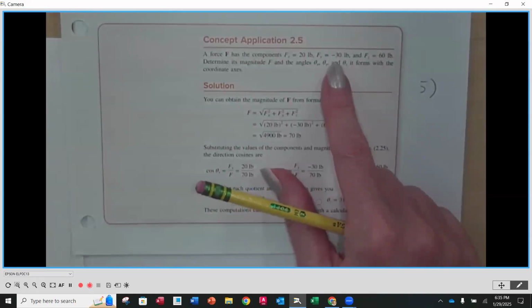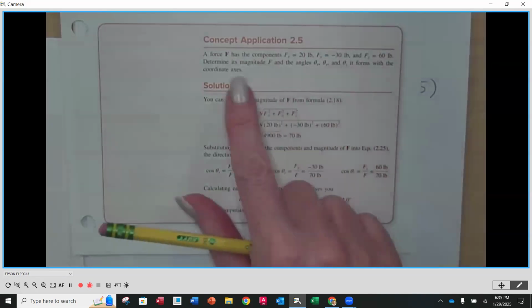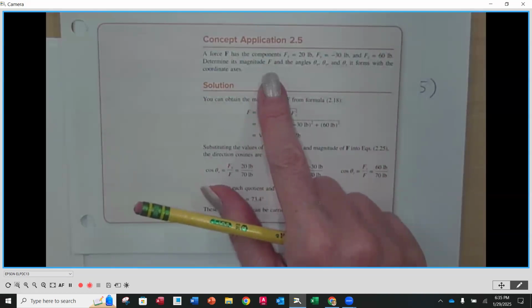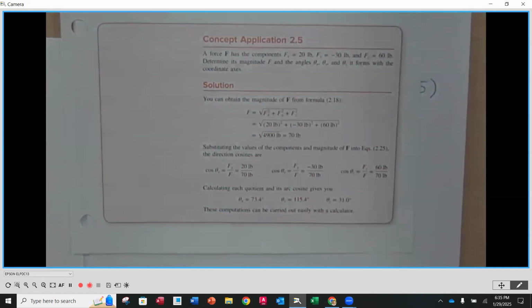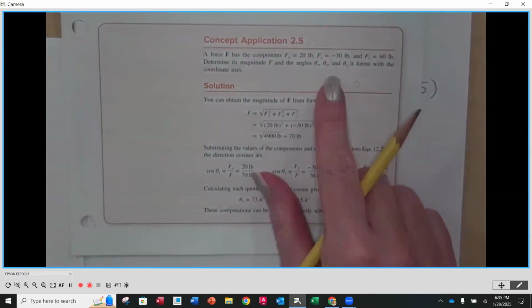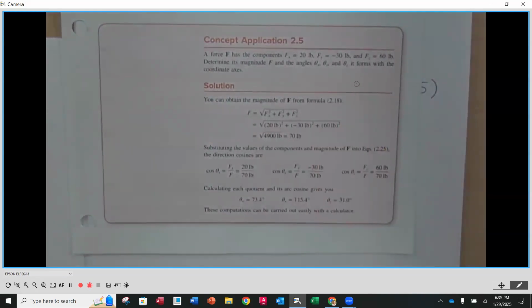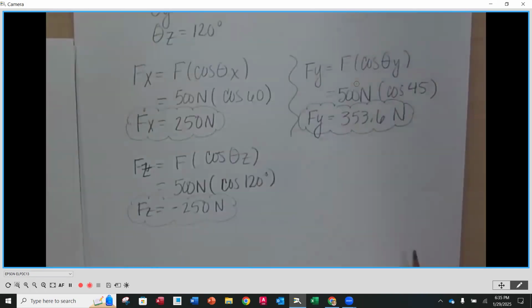The negative in the Fy means that it's going in a negative direction, pointing down. They want us to determine the magnitude of the overall force, and what angles theta x, theta y, and theta z would be. So we're working the same problem we just did, but backwards. They're giving us the components, and we want to work backwards and figure out the resultant.